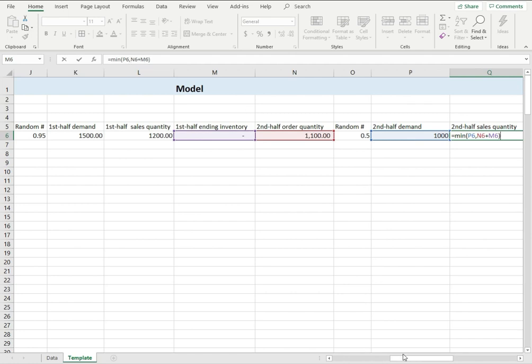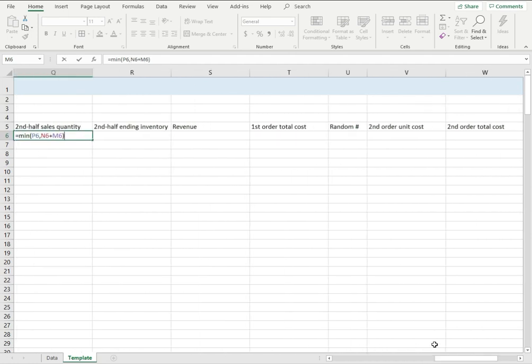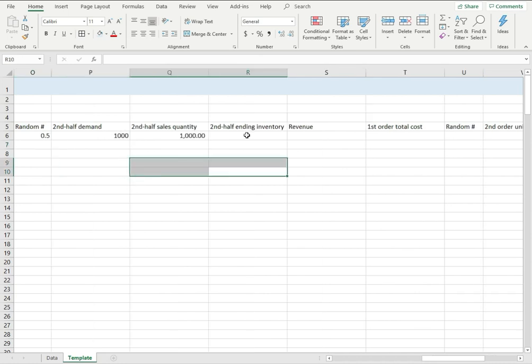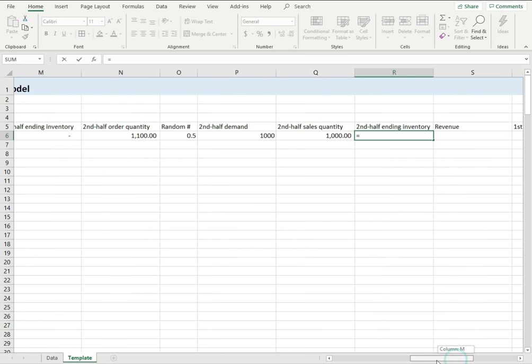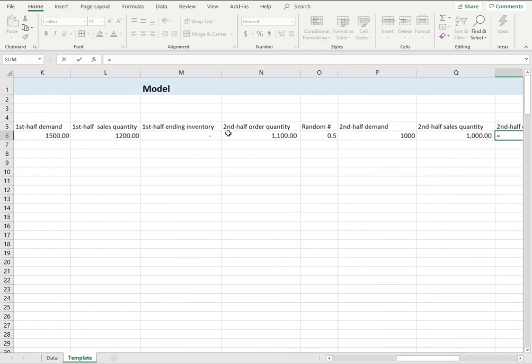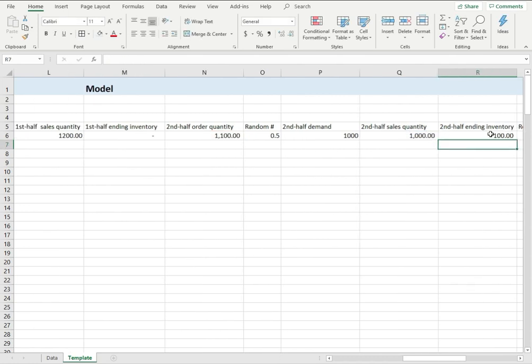That should be fine. Okay, and then the ending inventory is simply whatever you have in the beginning of second half, which is ending inventory from first half plus order quantity minus the sales quantity. Okay, this is the ending inventory.